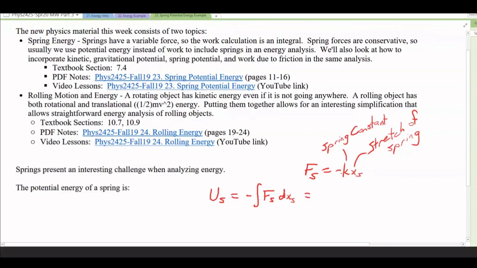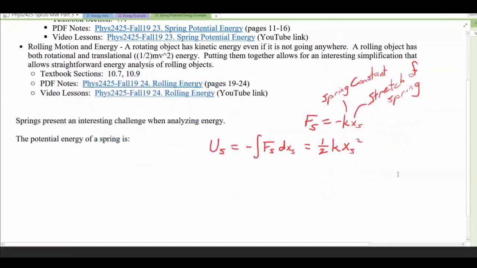So the integral of kx is 1/2 kx squared, and the minus sign that is part of the force cancels with the minus sign that is part of the potential energy calculation. So we find out that a spring stores a certain amount of energy.